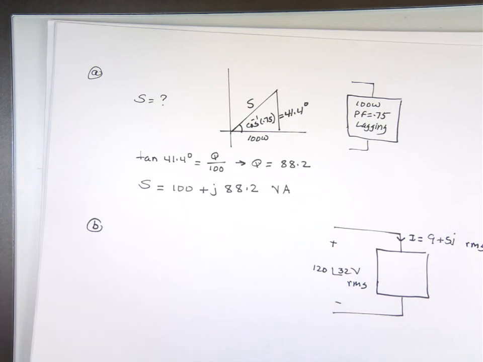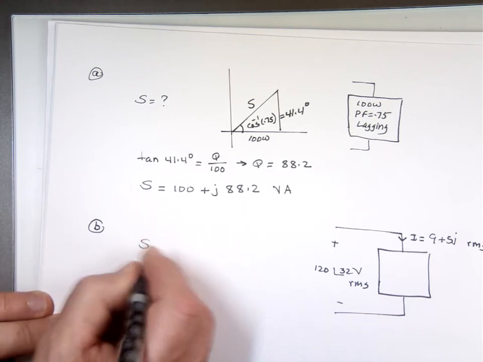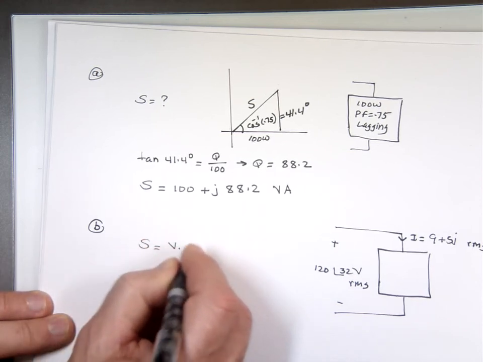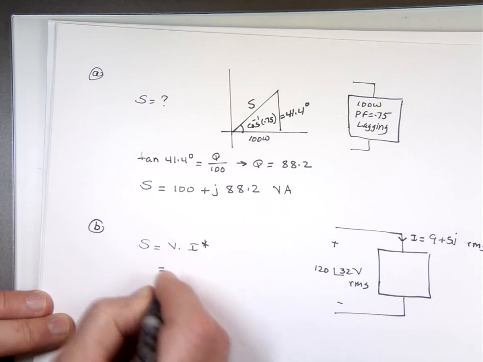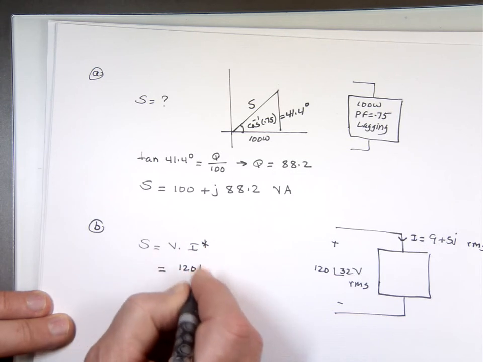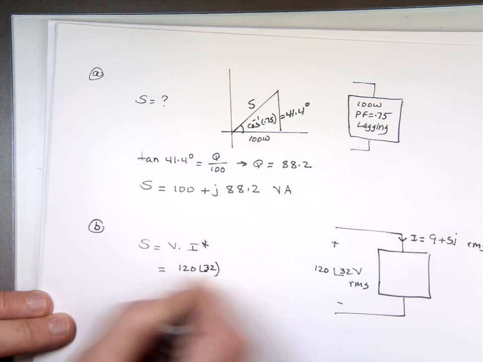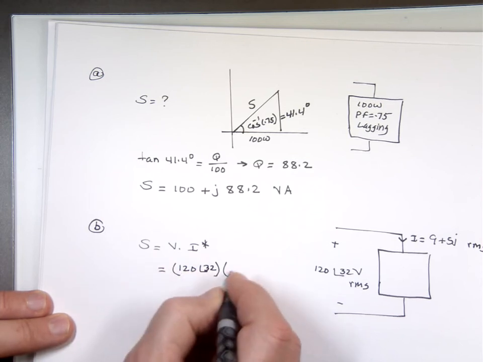That's straightforward. Complex power is what? V times I conjugate. So 120 angle 32 times 9 minus 5j, the conjugate.